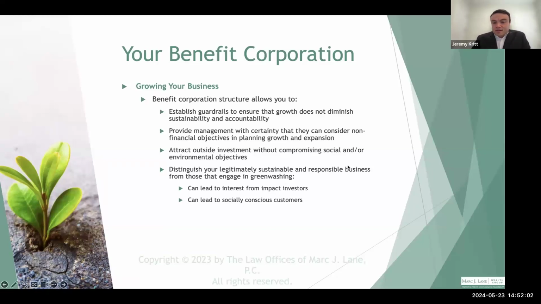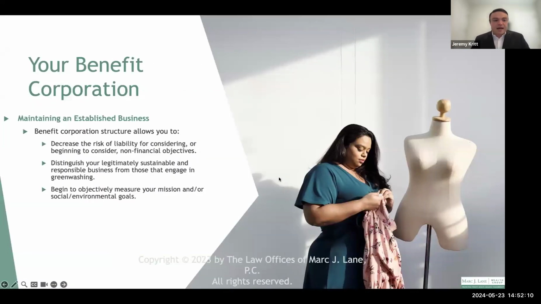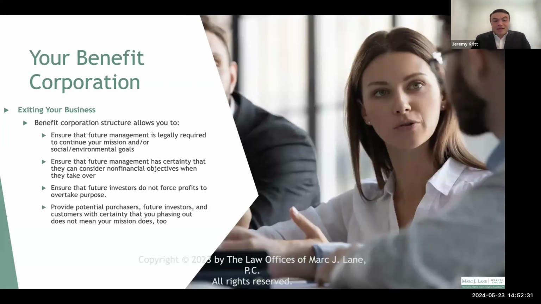And that can lead not only to investment, but also to consumers and to business. And again, if you're just maintaining an established business, the third-party standard and those features that allow you to objectively measure impact are really an attractive option. And then I think in a lot of ways, when you're ready to exit your business is when the benefit corporation structure may even be most advantageous.